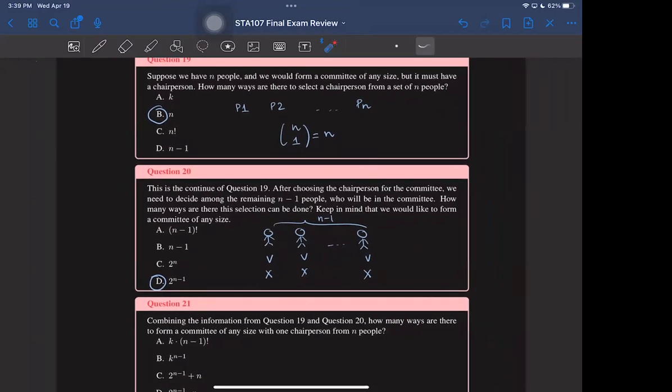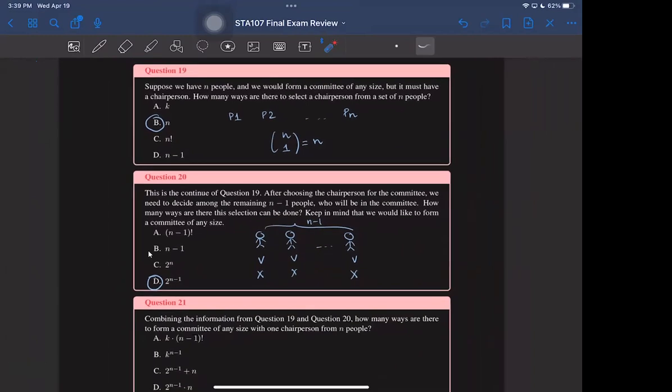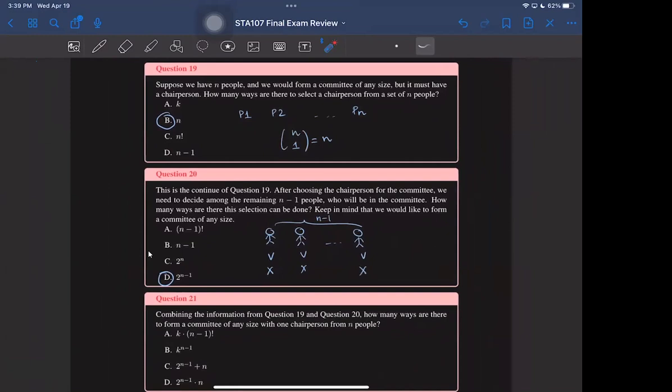Okay, if no questions, I will let you vote for 21. You should use the information that you have from question 19 and question 20.